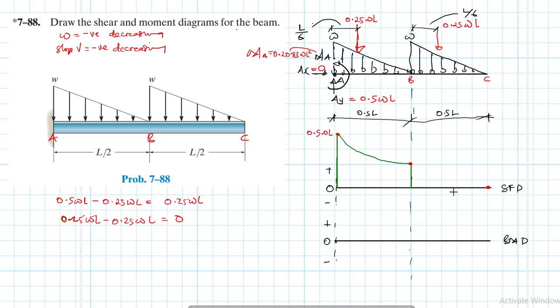So this is our 0.25 WL. Then our next one is 0. It's also like this, a slope that is negative and decreasing, and this is 0. So this is our graph.